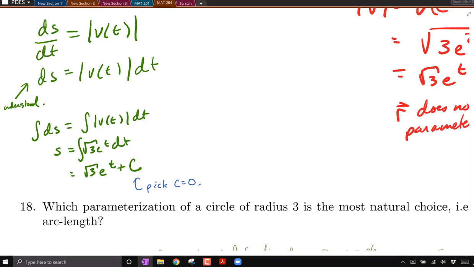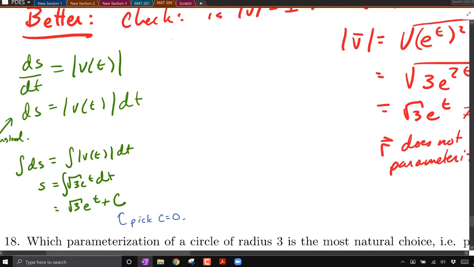Normally you would solve this expression. So we pick c equals 0, so we have s equals the square root of 3 e to the t. You'd solve this for t.